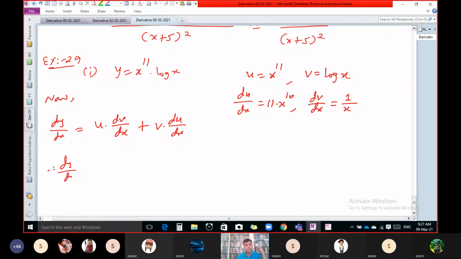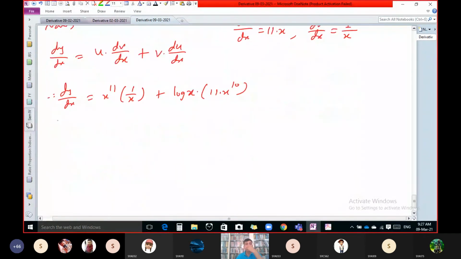Now dy by dx. U means x raised to 11 into dv by dx. What is dv by dx here? 1 upon x plus v. V is what? Log x into derivative of u, that is 11 into x raised to 10.